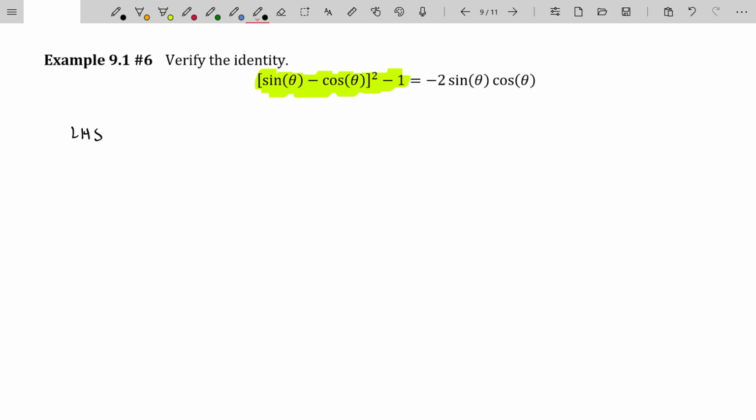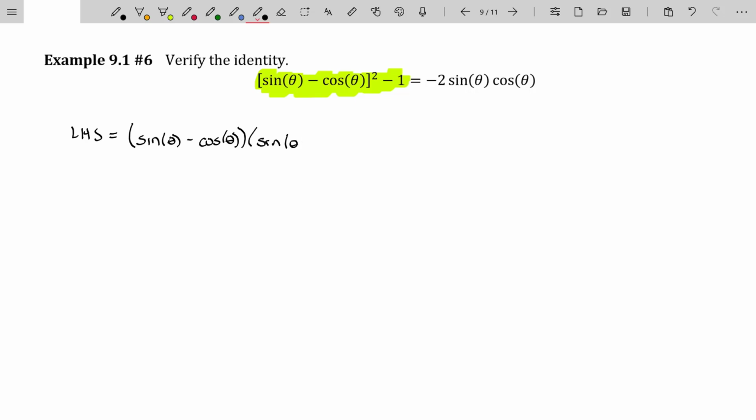And I'll look for any type of algebra I can do. There's actually 2 pieces of algebra I can do here, but only one of them is going to be helpful. So I'll go ahead and multiply out this binomial right here. So I'll have sine of theta minus cosine of theta squared, which is sine of theta minus cosine of theta times sine of theta minus cosine of theta.